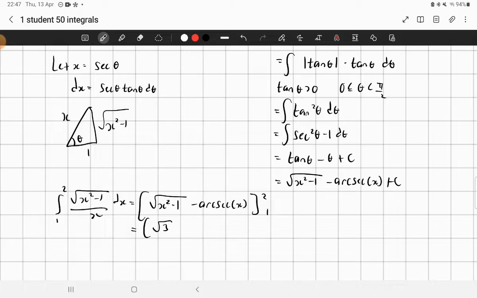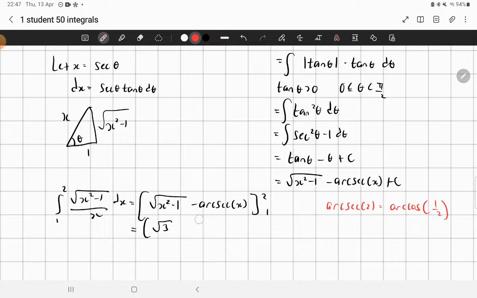You have to convert arcsecant to arc cosine of 1 over x. So arcsecant of 2 will be, sorry, not arcsecant, it's arc cosine of 1 over 2, which will be pi over 3.